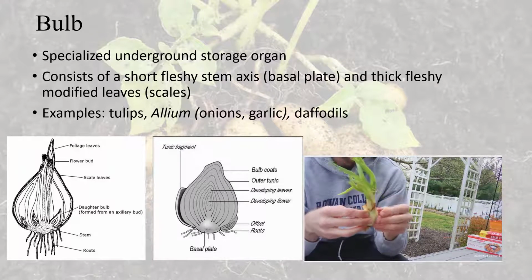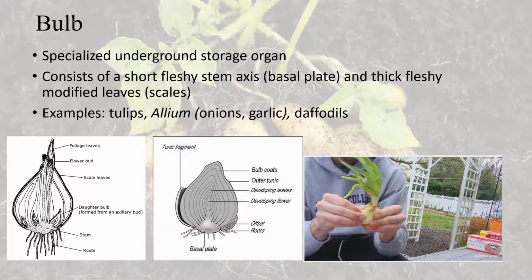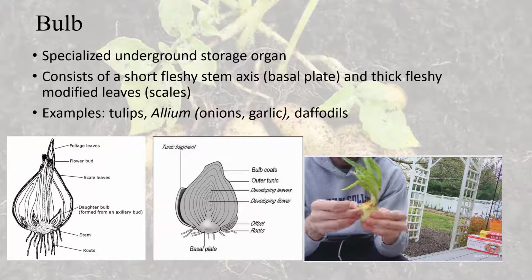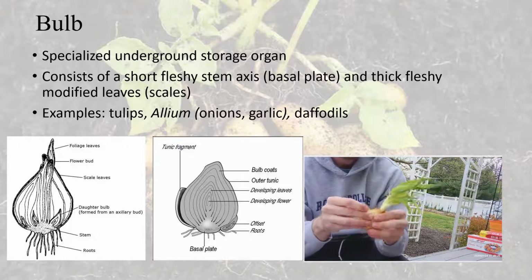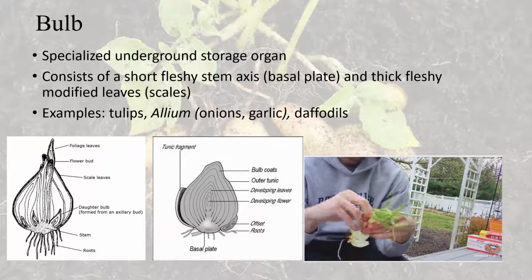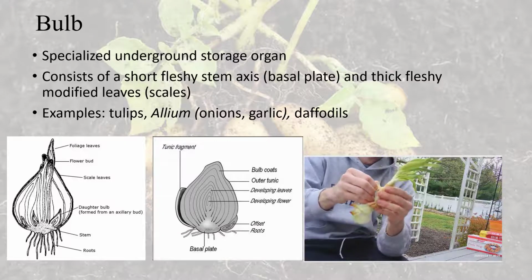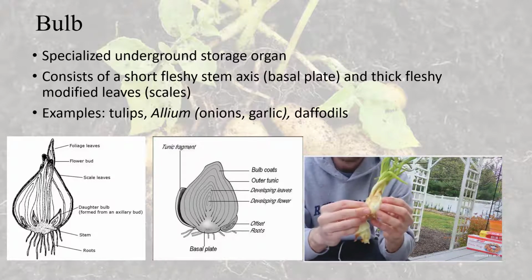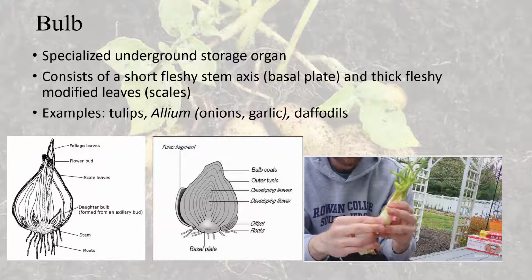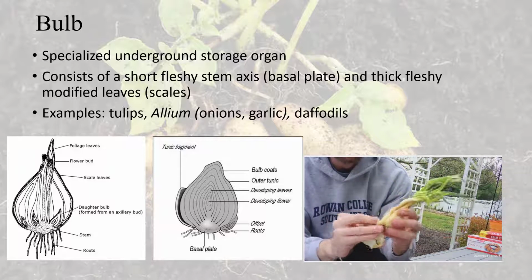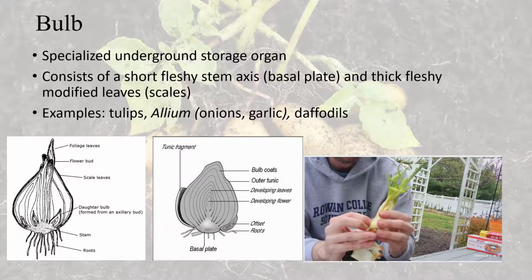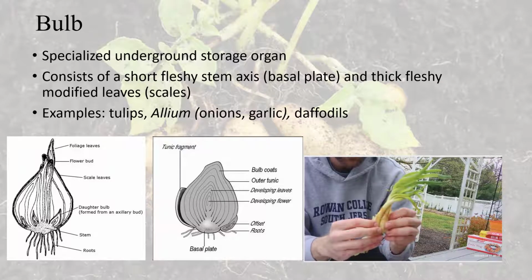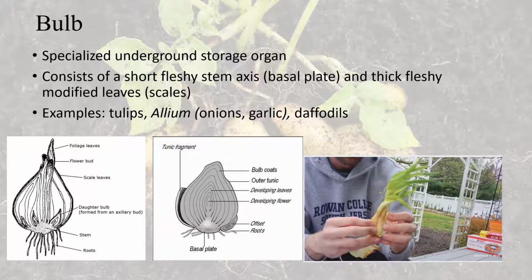Let me peel back some of this for you to see. If you peel back these layers, you should be able to see how we have distinct offshoots that have developed. These are stem sections that have developed from this main bulb, and they're now growing their own stem tissue.